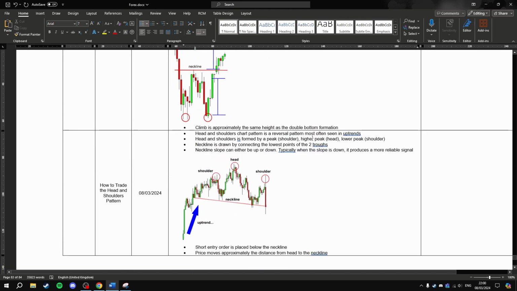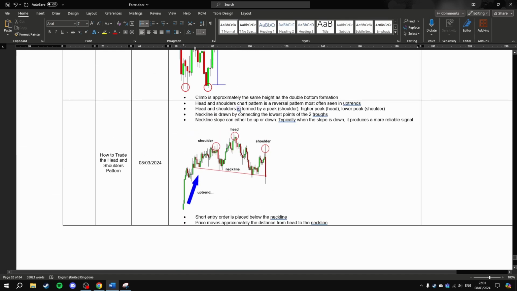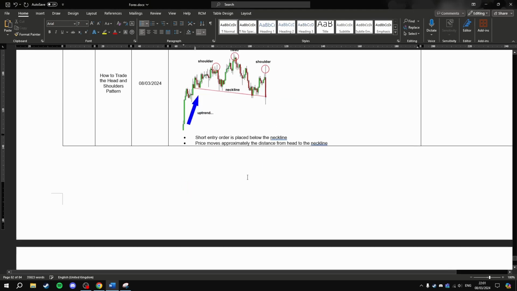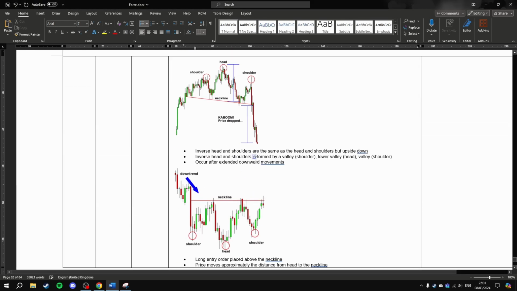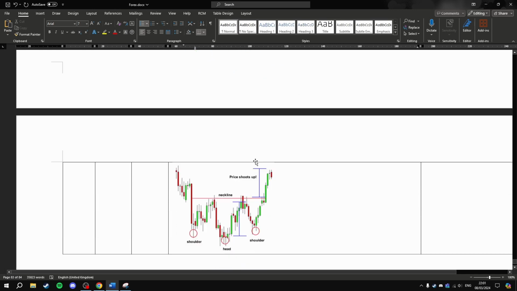Occur after extended downward movements. Price moves approximately the distance from head to the neckline.